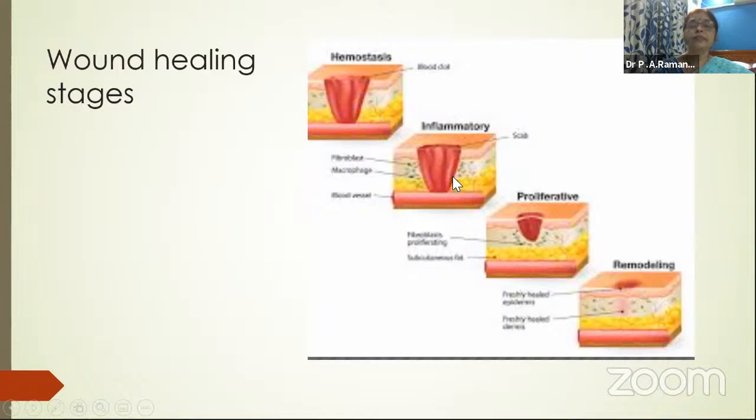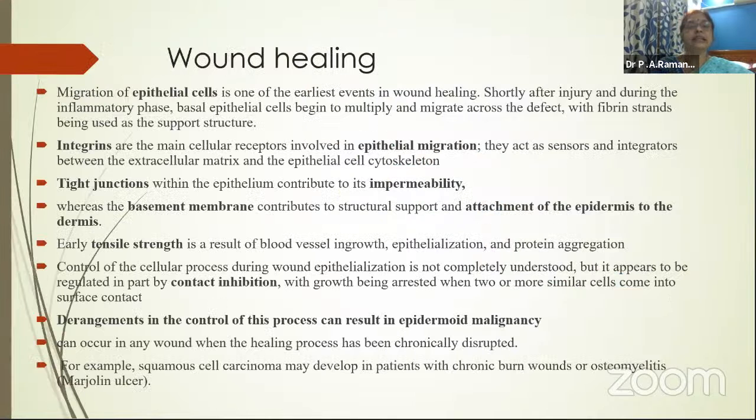See, in the inflammatory phase, because of the action of platelets, all the macrophages and neutrophils have come into the picture, and they phagocytize, and they release vasoactive amines. But neutrophils are not as such necessary for the process of wound healing. So now let us see how the steps are occurring.